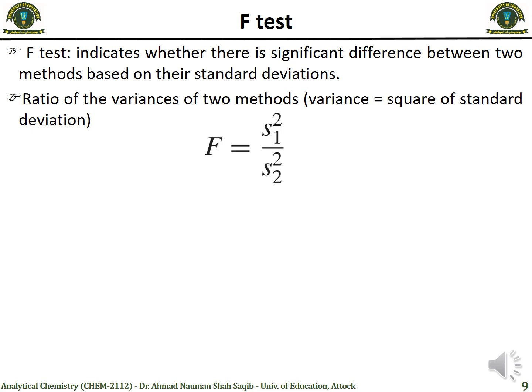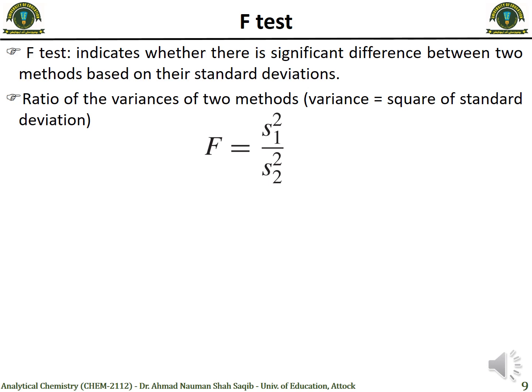So F is equal to S1 squared, the square of the standard deviation or the variance, divided by S2 squared. We calculate the standard deviation of method 1, square it, and then divide by the square of the standard deviation of the results from the second method.